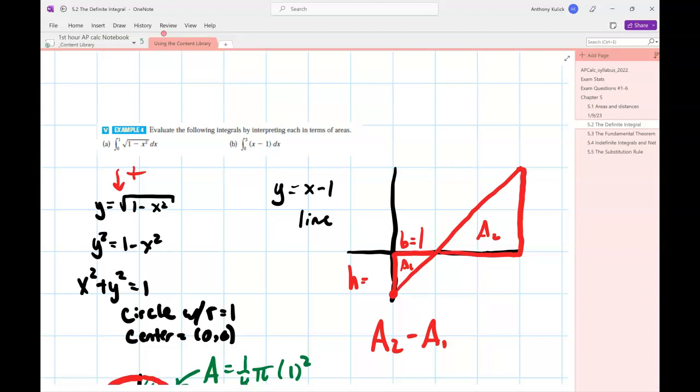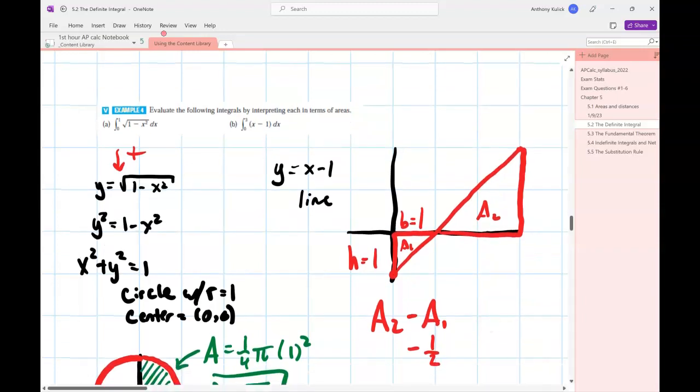What's the height of A1? Okay, so the area for A1 is just 1/2 times 1 times 1. What's the base for A2? What's the height for A2? 2. So A2 is 1/2 times 2 times 2.